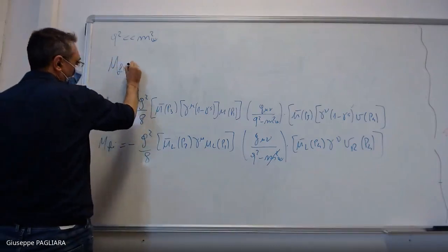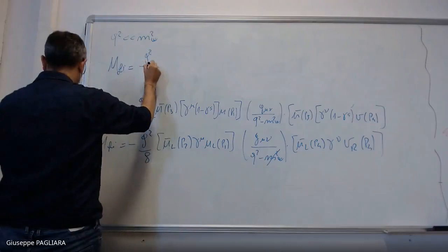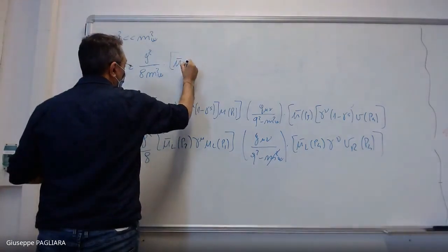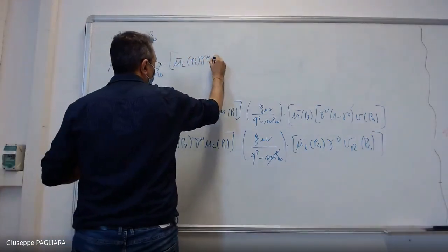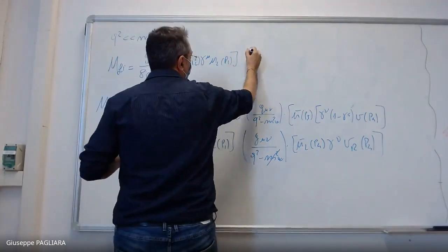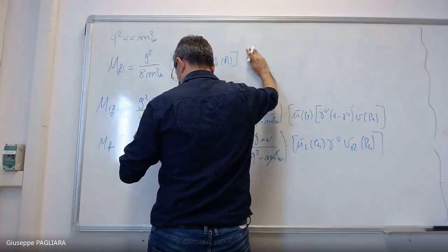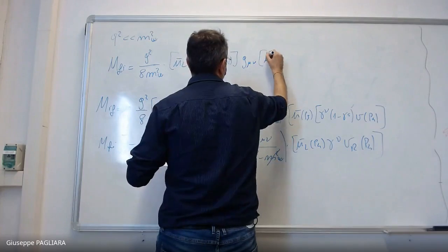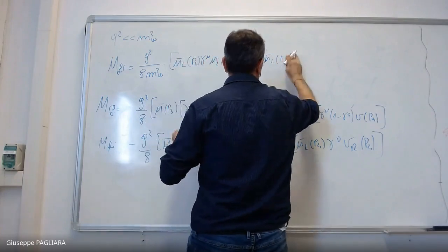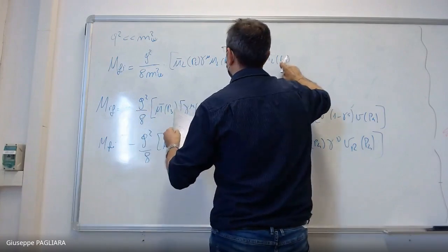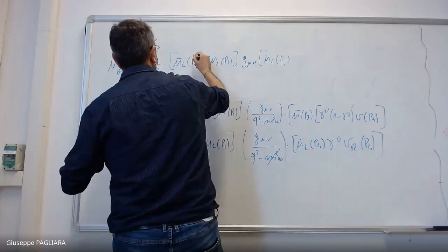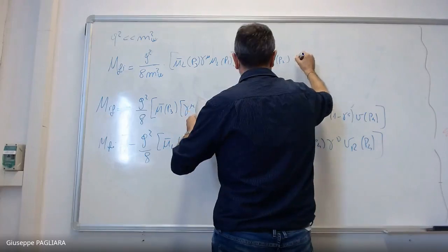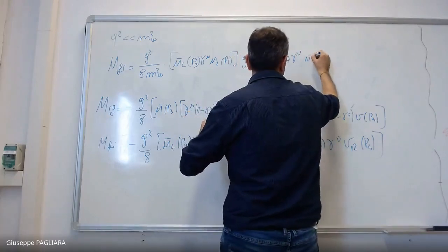And so for this process, we have at the end g squared divided by 8 M W squared times all the rest: u bar L 3 gamma mu u L 1, which is just the muon current, and then u bar L 2 gamma nu v 4.